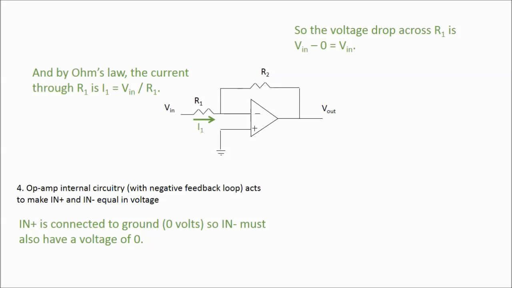So that allows me to determine the current through resistor 1 using Ohm's law. The current through resistor 1 is going to be the input voltage divided by the value of R1. So I have I1 equals Vin over R1.